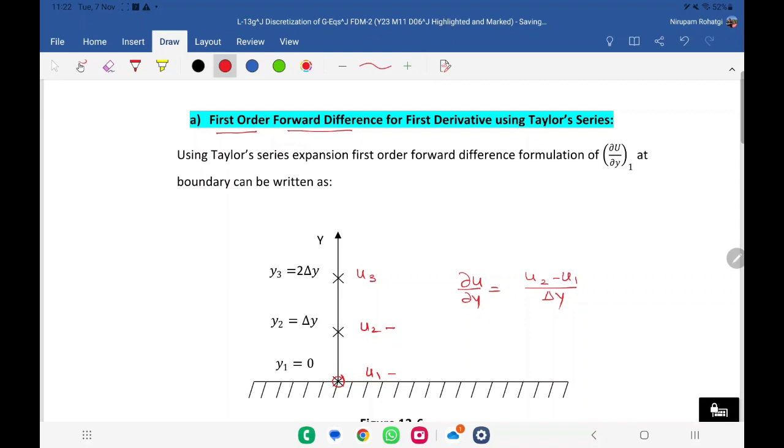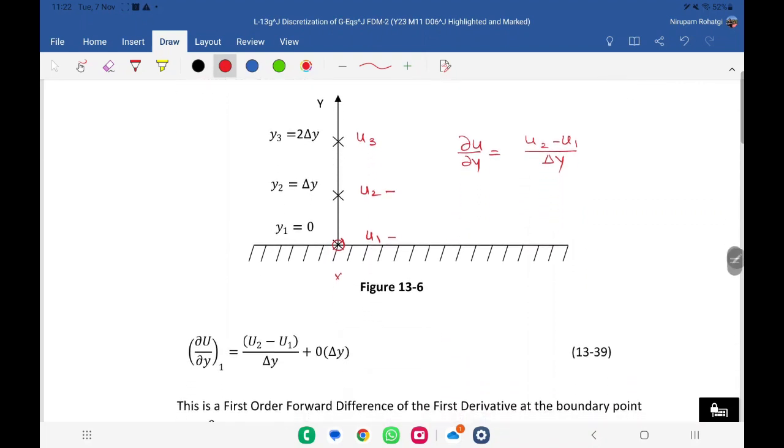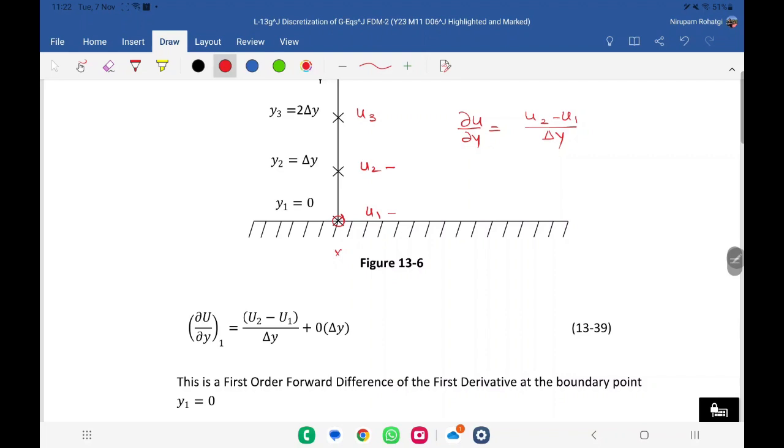Now, if you want to move on to the second order, what do we do? For second order, what we have done is the central difference. That means we needed a point here, but we don't have a point on the back side, outside the domain. There is an option available to us, okay? And again, this is just to show you, this is not the only method. I am just picking up some isolated cases so that you know what is happening.